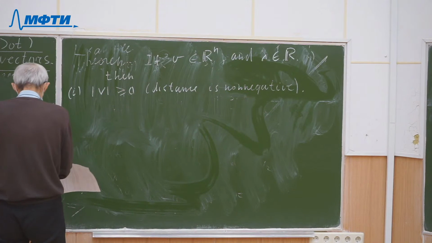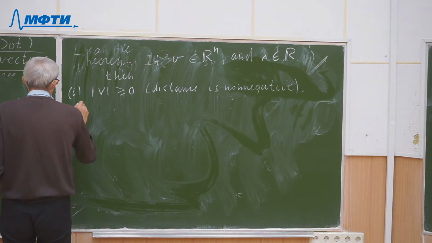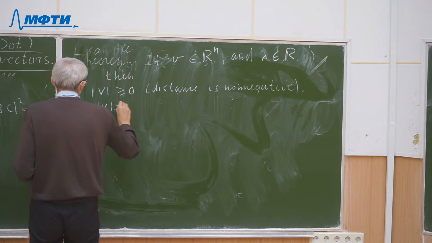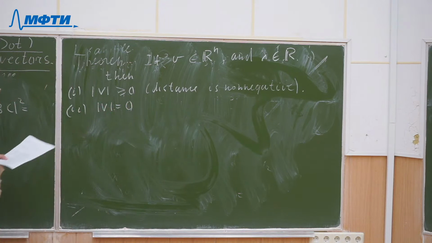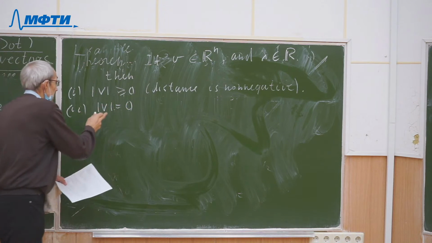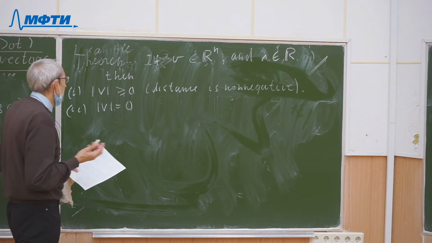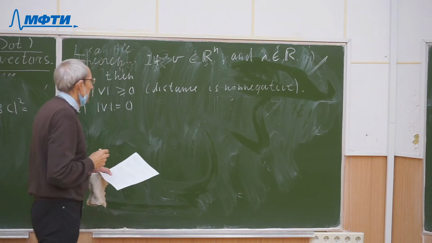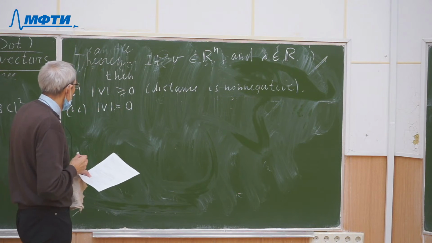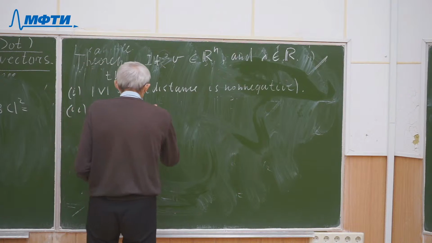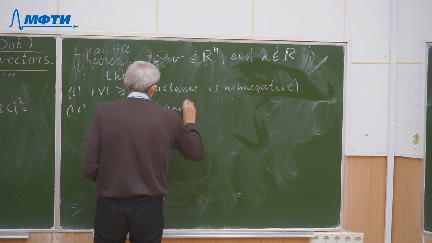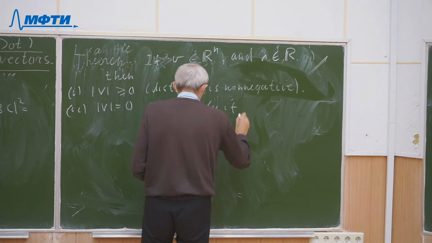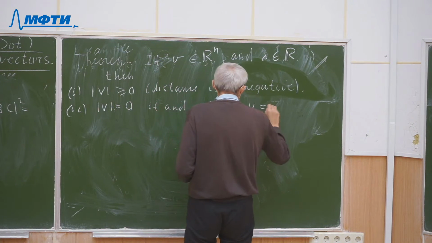Second, the length of vector v, or the distance between 2 points in space, is 0 if and only if v is equal to 0.